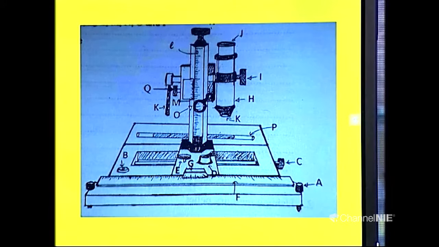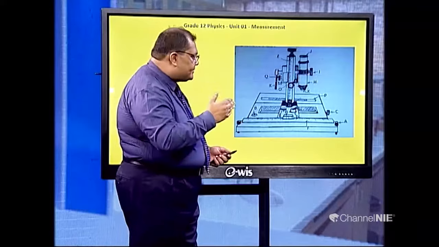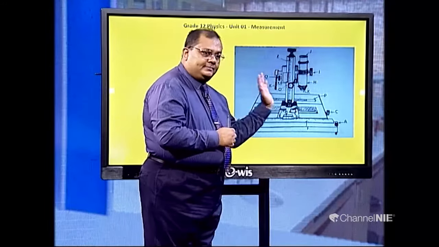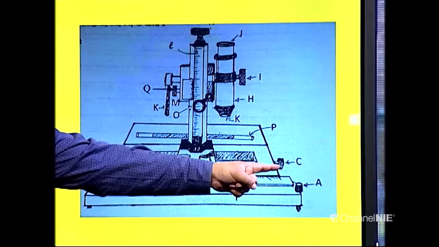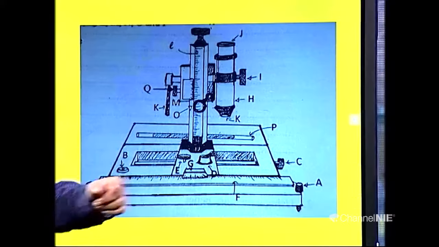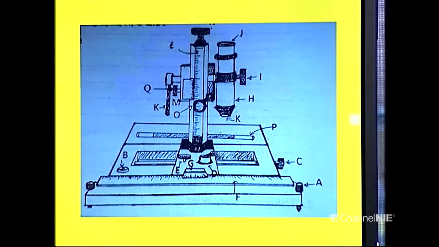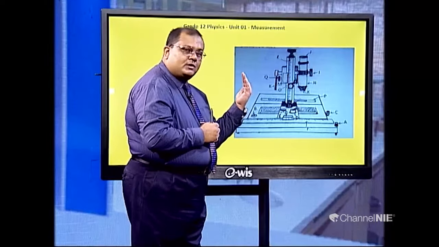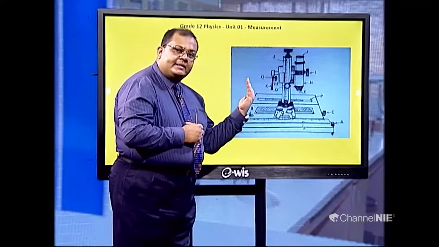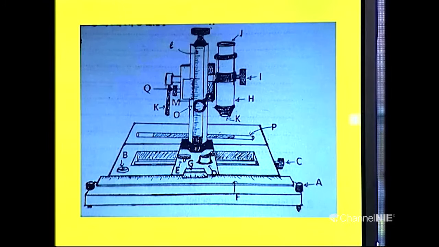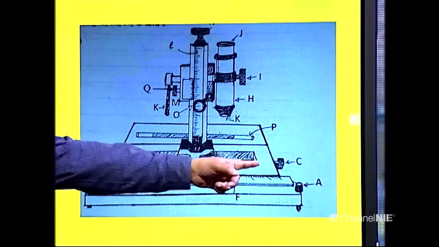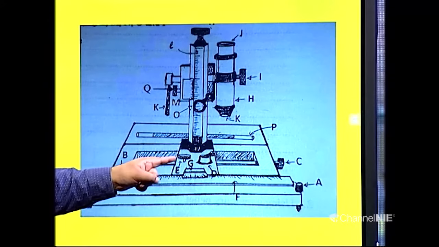If you want to move this traveling microscope slowly, we can use this fine adjusting screw. C is known as the fine adjusting screw of the horizontal vernier. When it is rotated, this traveling microscope will move horizontally very slowly. And you should know this also: it works when this screw is tightened.